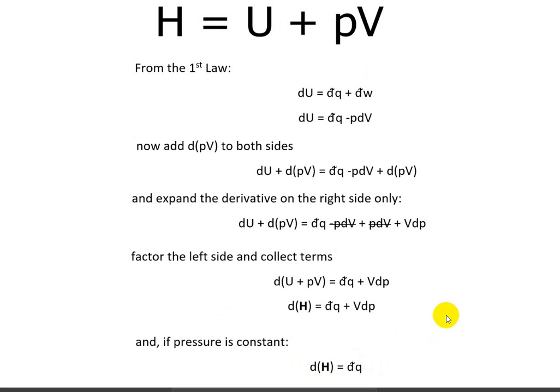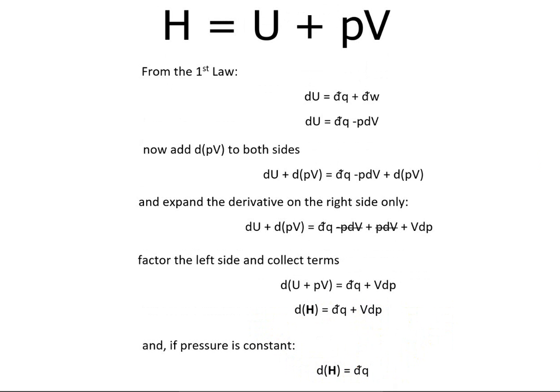And finally, if the pressure is constant, we'll have that the change in enthalpy is equal to the change in heat because the work term, VdP, at constant pressure will simply disappear. It is important to note that the definition does not require constant pressure. Our definition is enthalpy equals internal energy plus pressure times volume.